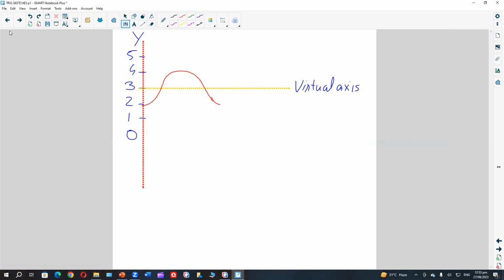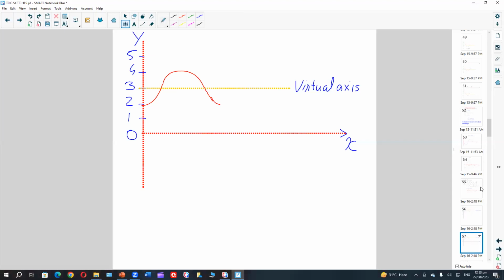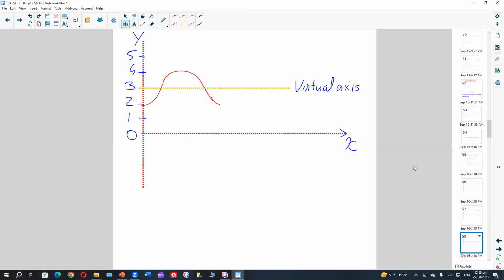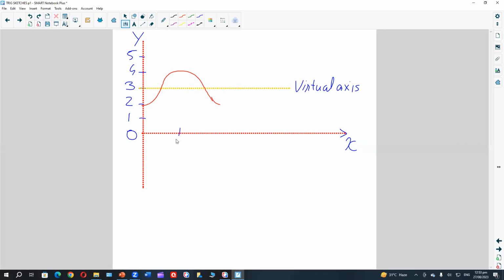Done, sir. Compare the sketch with the screen. Yes, it's very likely. And then mark the angles. Done with that too.